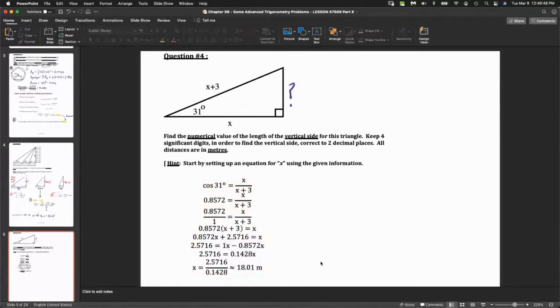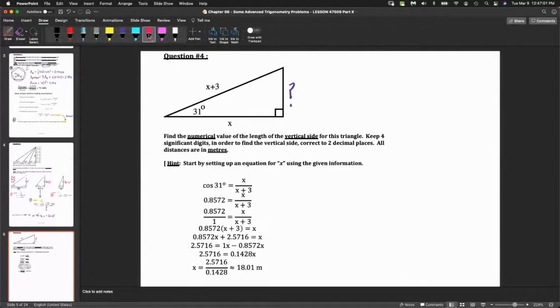And this represents kind of the worst part of the question. That's the tough part. But now we want to find the vertical side. So what you can do is go back to the original diagram and plug in 18.01. So this is 18.01 meters.